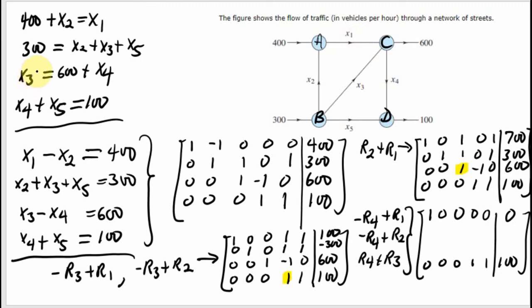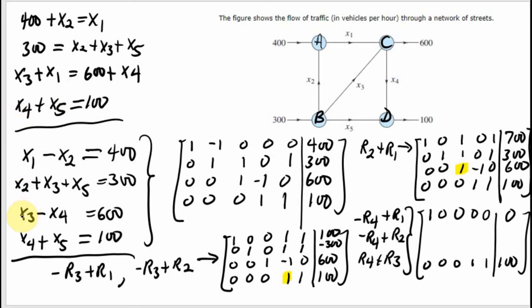X sub 3 plus x sub 1 is equal to 600. I better check this guy while I'm here. See, x sub 4 plus x sub 5 is equal to 100. Good.